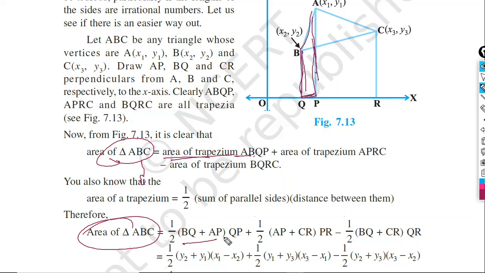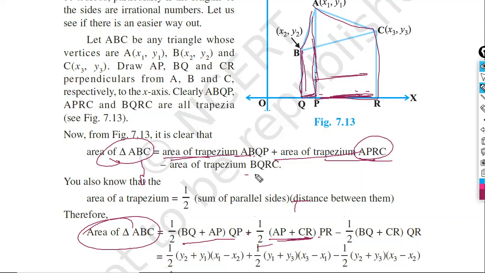So BQ plus AP into QP, plus again this trapezium APRC. Look at the figure, APRC. What will be the area? 1 by 2 into AP plus RC, or CR, into PR is the length, this one, the distance between the parallel sides.